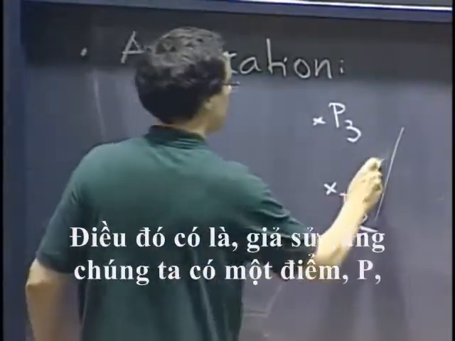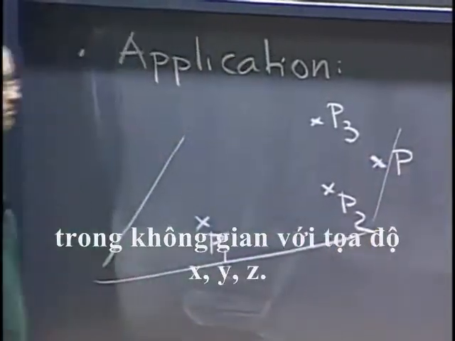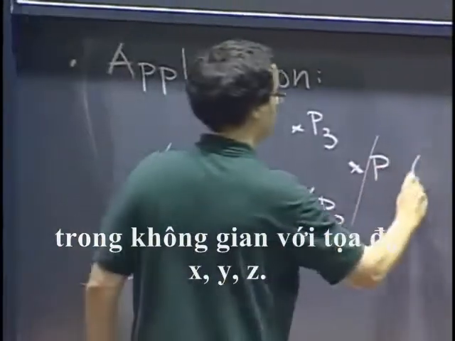So that means, let's say that we have a point P in space with coordinates x, y, z.